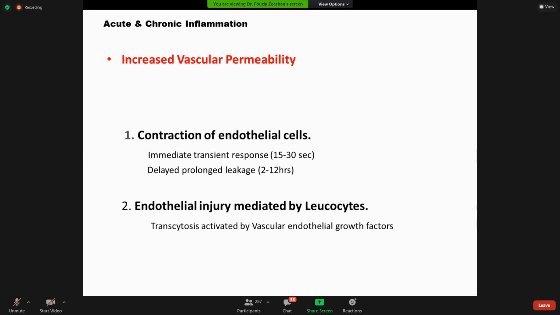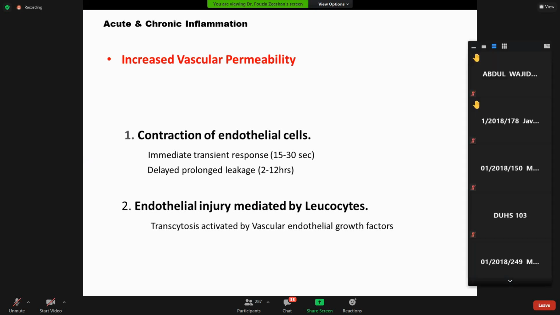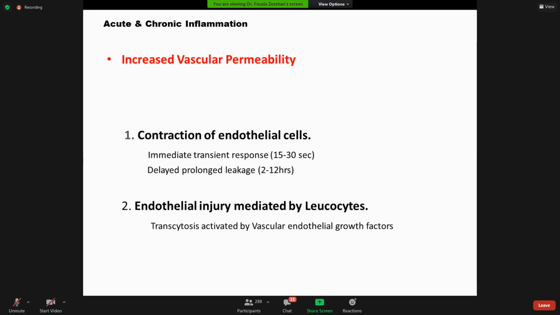So there is increased exit of fluids and proteins, called transcytosis, through the endothelial cells, and this basically involves the intracellular channels that are activated by certain factors like vascular endothelial growth factors.